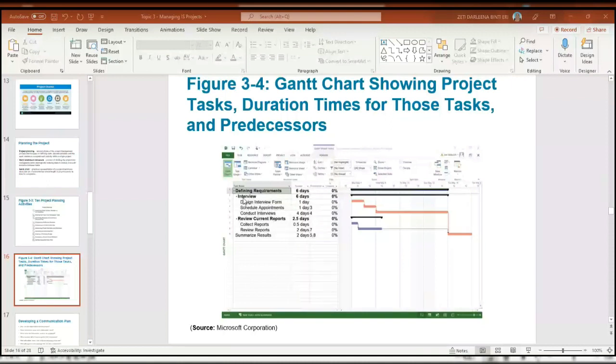Review activity, review current reports is the second activity. Inside the second activity, review, you have 3 tasks. Collect reports, review reports, summarize report. All of these tasks ada estimations of days on how long you want to spend on the task.